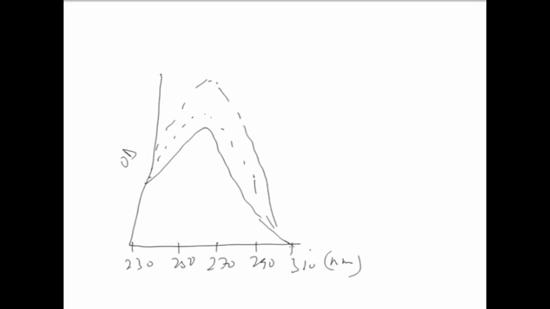So, there are three curves I have made. Now, if you take this one, this is double stranded DNA, that is arranged quite well, this is single stranded DNA, and this is free nucleotides.